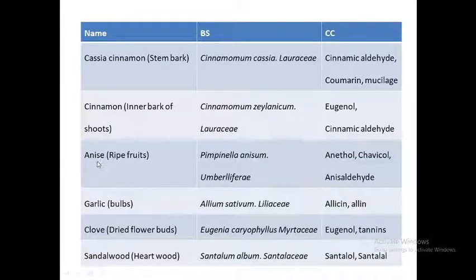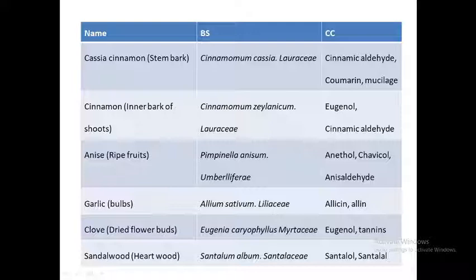Then next, just see the anise, which are again ripe fruits of Pimpinella anisum belonging to family Umbelliferae, and the chemical constituents are anethole, chavicol and anisaldehyde. Next, the garlic, which is a dried bulb of Allium sativum belonging to family Liliaceae.